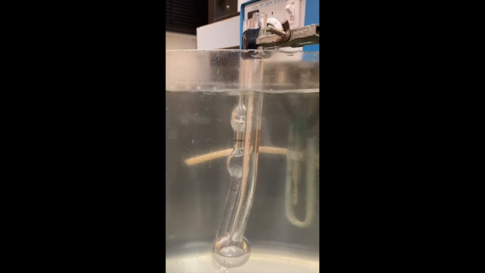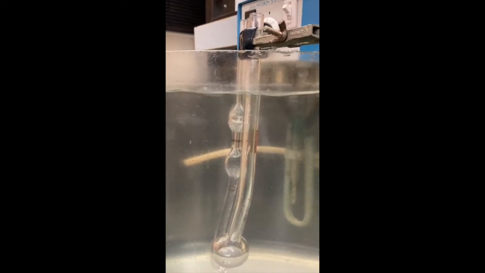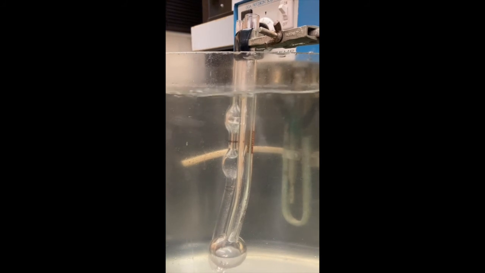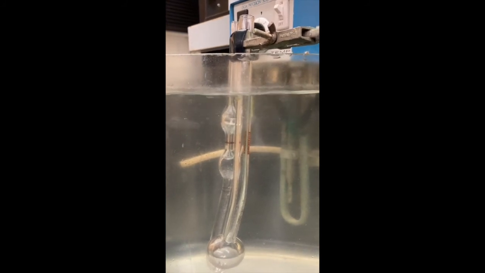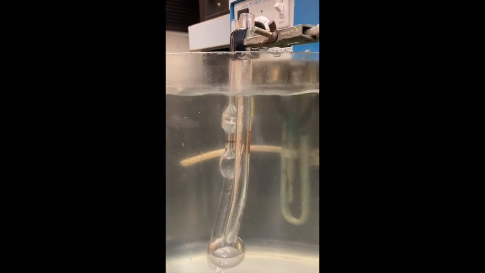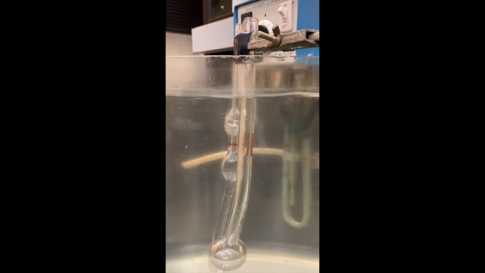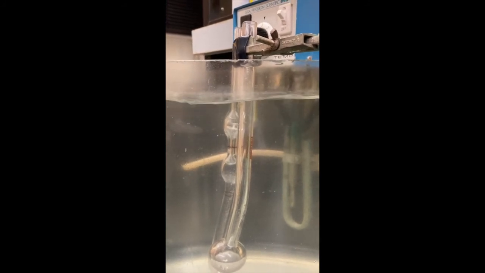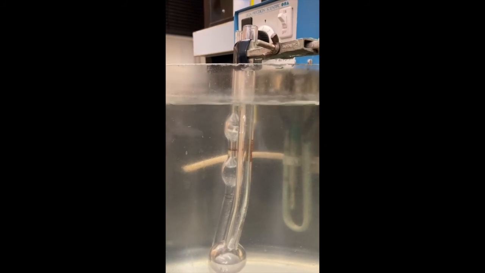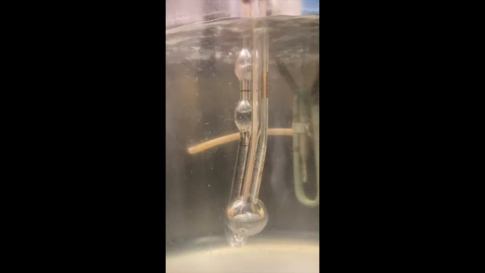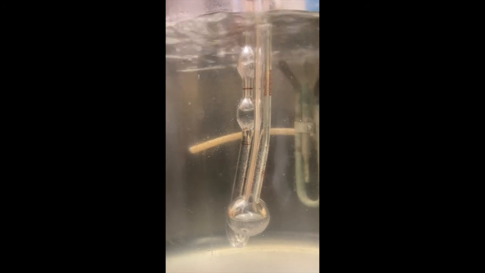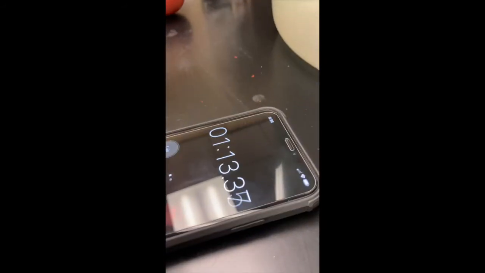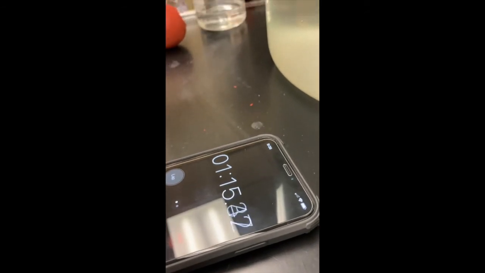Normally for pure deionized water, it takes about 4 to 5 minutes for the liquid to flow between the marks. You can also watch the temperature.